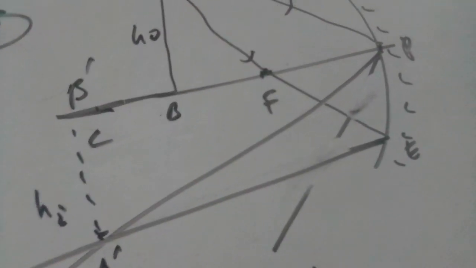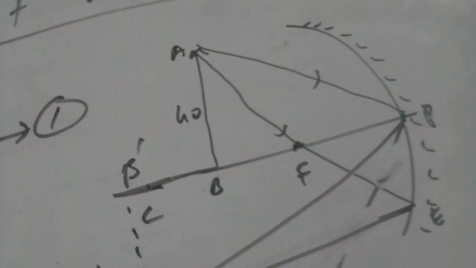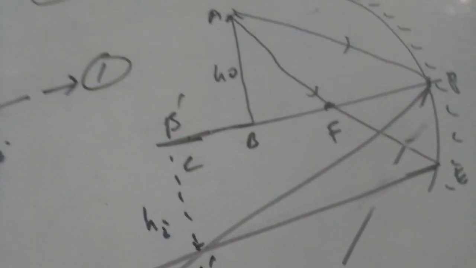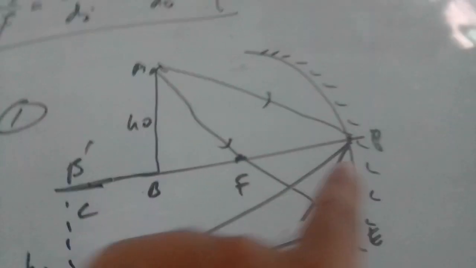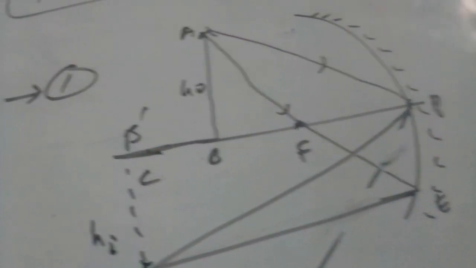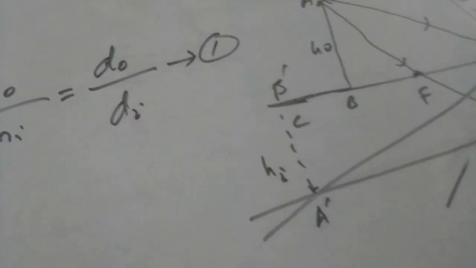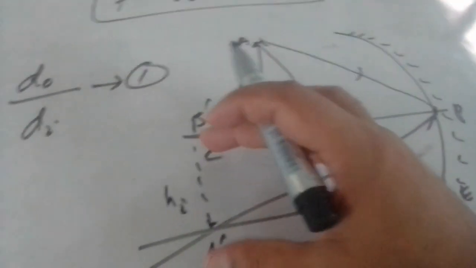AE, which passes through F, becomes parallel to the principal axis BP. So the triangles ABF and PEF are similar. So the ratio of perpendiculars is equal to the ratio of bases, and this side is equal to this side.